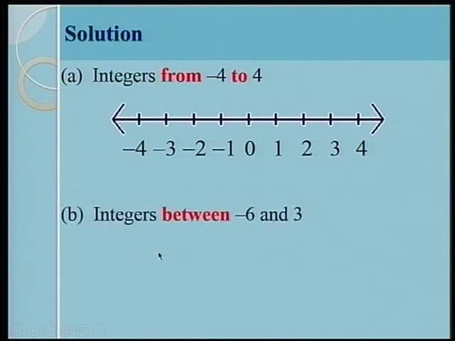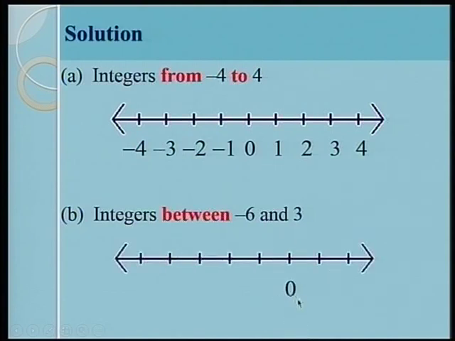Let's have a look at the solution for part B, where we need to represent integers between -6 and 3. We draw the number line, and this time we will place 0 more to the right. Why more to the right? Because to the left of 0 there are more negative numbers than to the right.